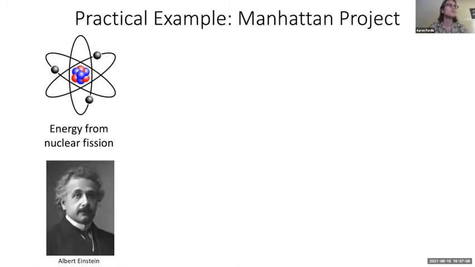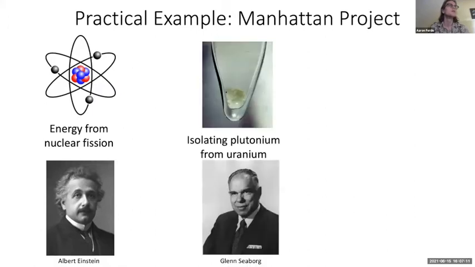So that was generally known for a while, but then it took chemists such as Glenn Seaborg to be able to process uranium and uranium isotopes into purified forms of plutonium.